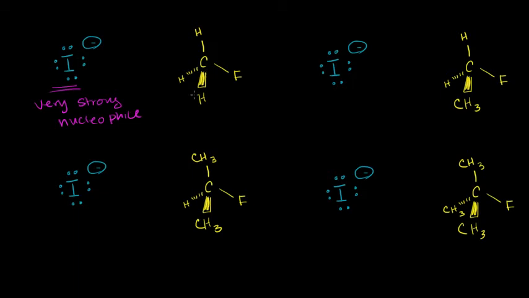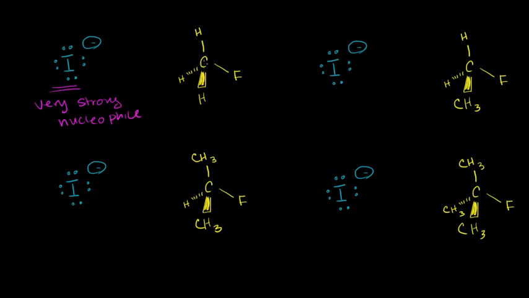Here I have a methyl carbon that's attached to a fluorine, or if we actually name this molecule, this would be fluoromethane, just because we only have 1 carbon there. But when I say it's a methyl carbon, that means that this carbon is only attached to hydrogens. It's CH3.